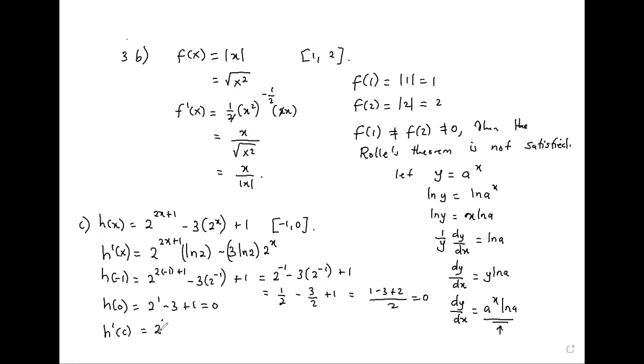And so we can go back to h and look for a c, which is going to be 2 to the power 2c plus 1 ln 2 minus 3 ln 2 to the power c is equal to 0. If we divide throughout by ln 2, we'll remain with 2 to the power 2c plus 1 minus 3 times 2 to the power c is equal to 0.